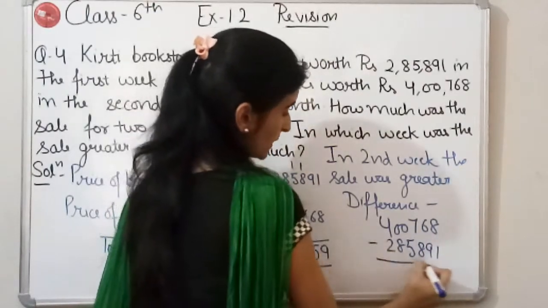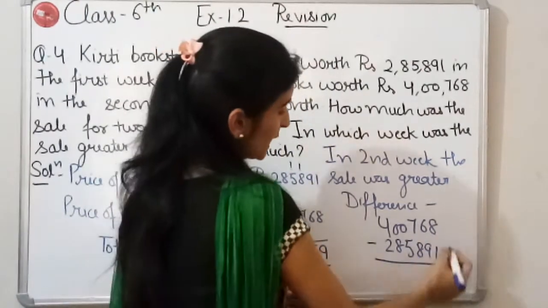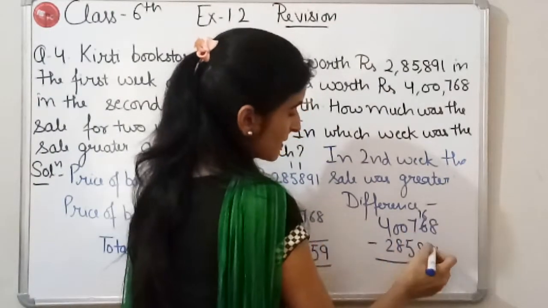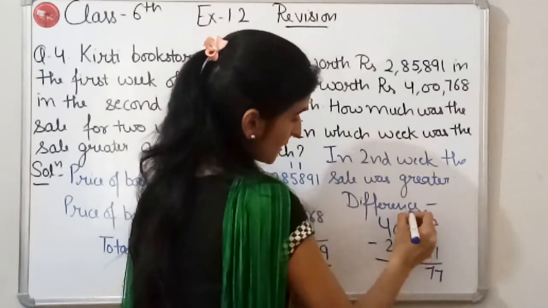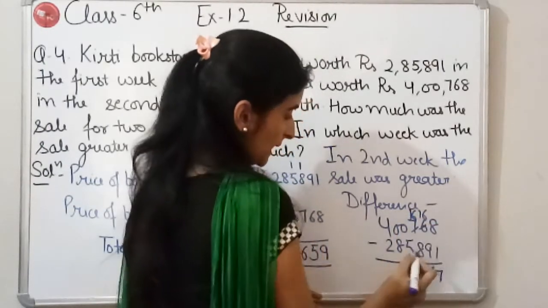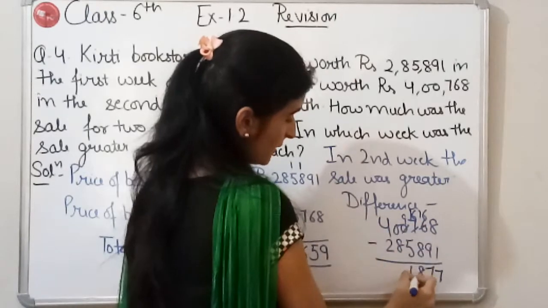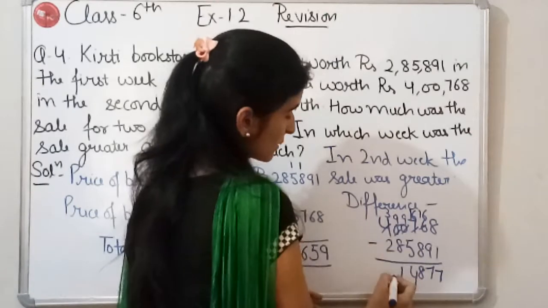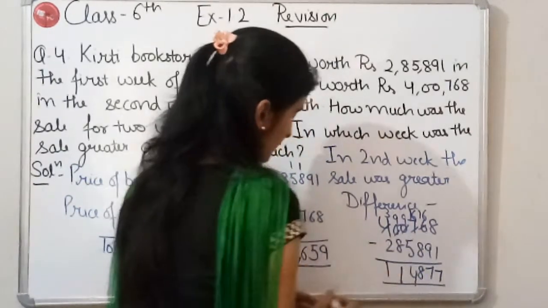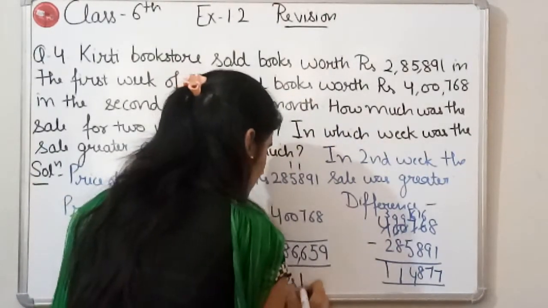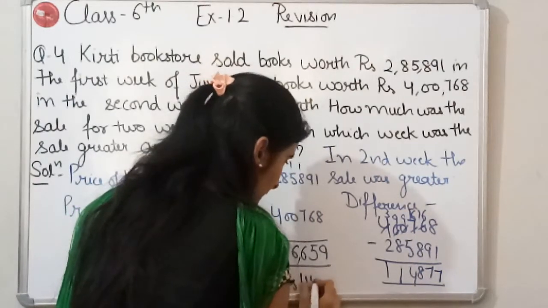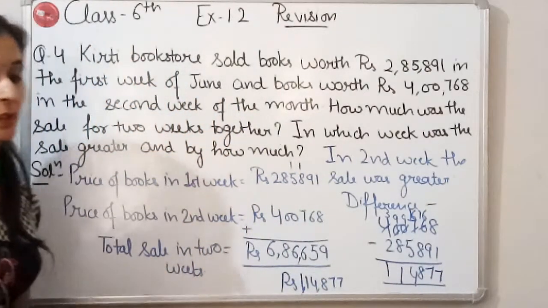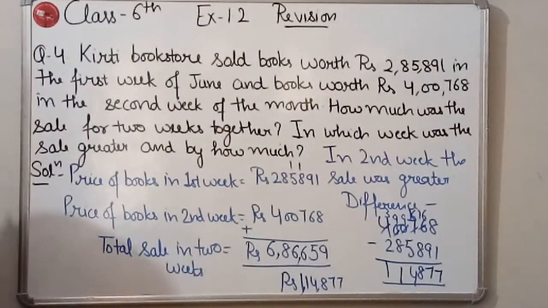Then we find the difference between these two. 8 minus 1 is 7. 16 minus 9 is 7. 16 minus 8 is 8. 9 minus 5 is 4. 9 minus 8 is 1. 3 minus 2 is 1. So rupees 1,14,877 is the answer. Okay, so that is how we have to solve this question.